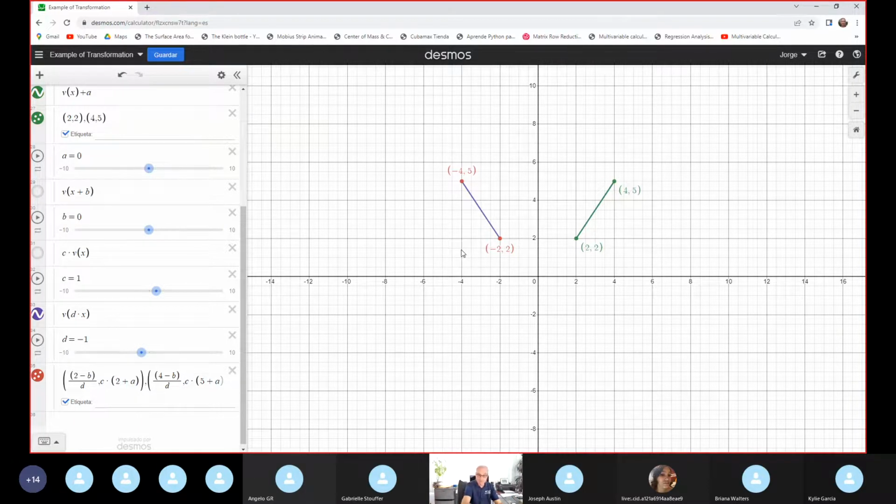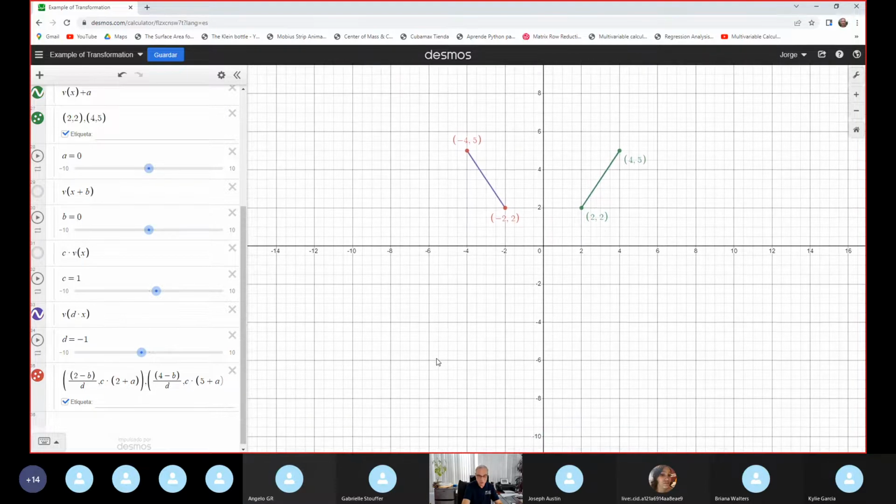Clear. Okay, I created this animation because this is a little bit complicated to understand verbally. However, if you see the motions, you see a picture, and this picture is also motion, it's easy to understand. Let's come back to the whiteboard.